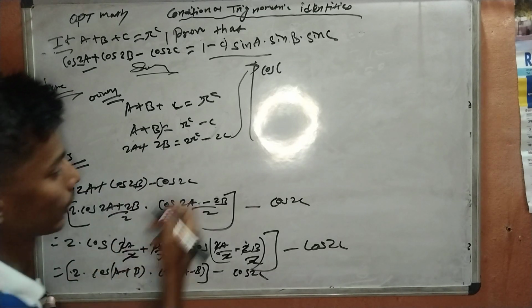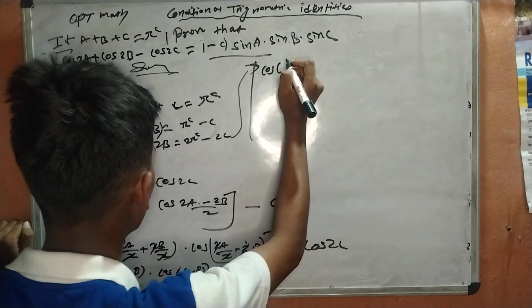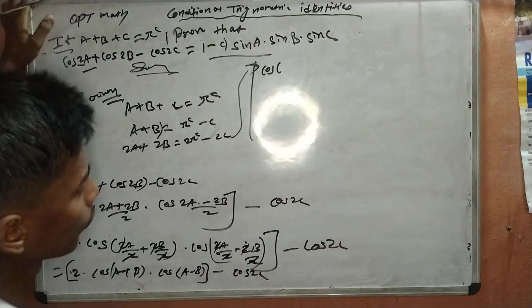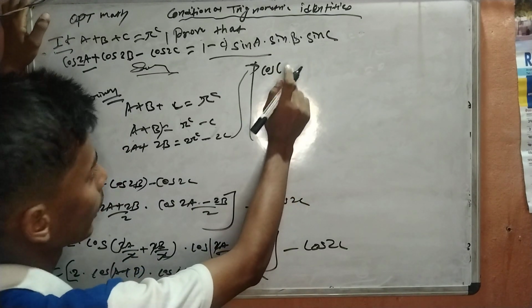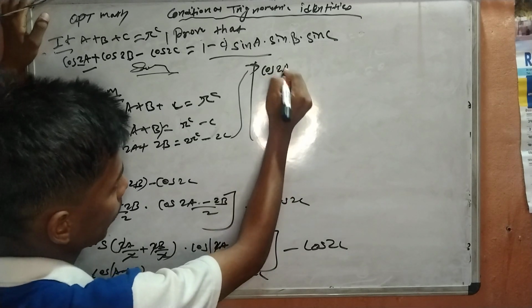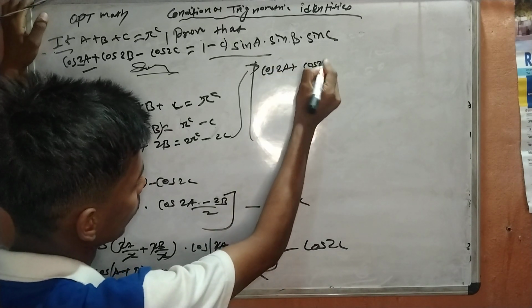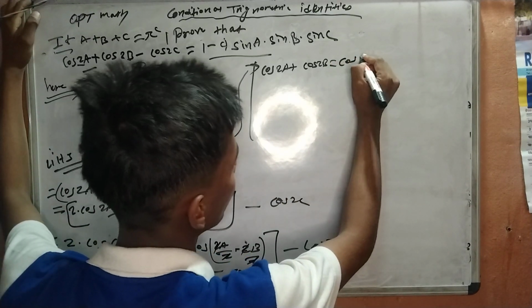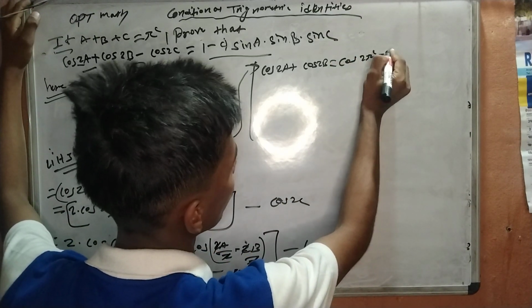Let me write here cos 2a plus cos 2b is equal to cos 2 pi radian minus 2c.